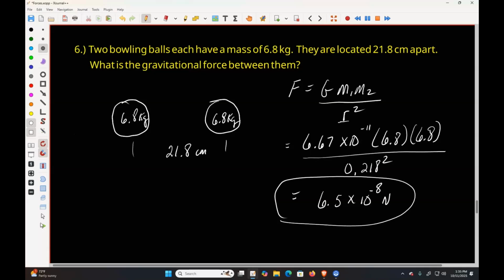So if I brought the balls half the distance apart, the force will be 4 times the original force. Likewise, if I move the two objects twice as far away, the force of attraction will be 1/4. If I move them 3 times as far away, so on and so forth. That's the law of inverse squares.